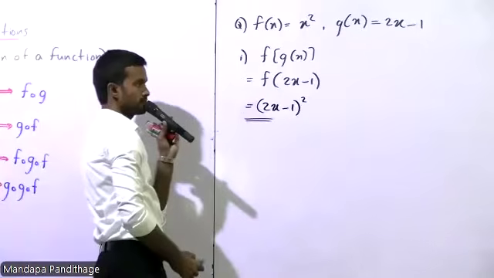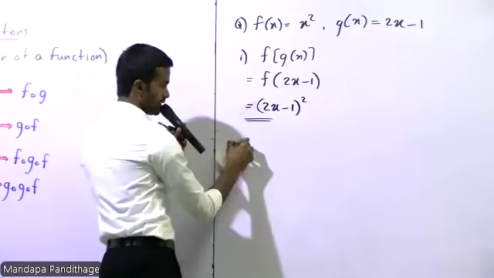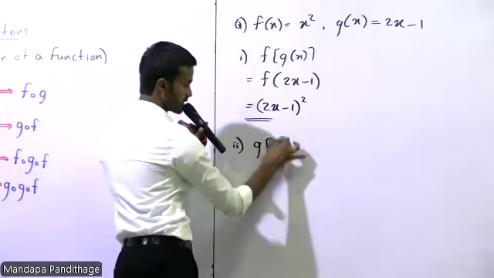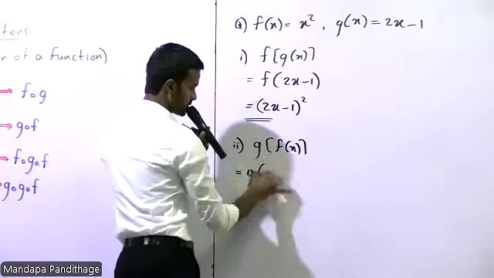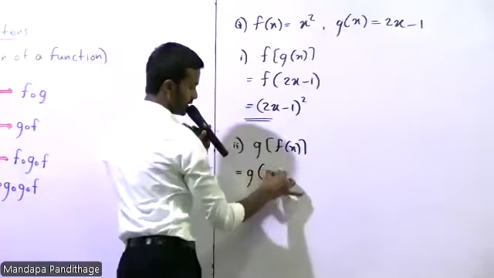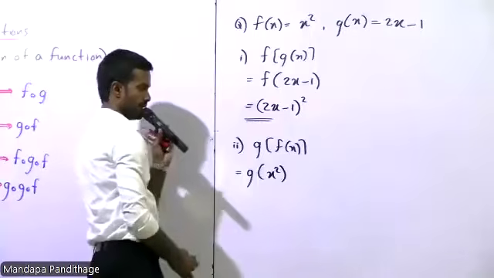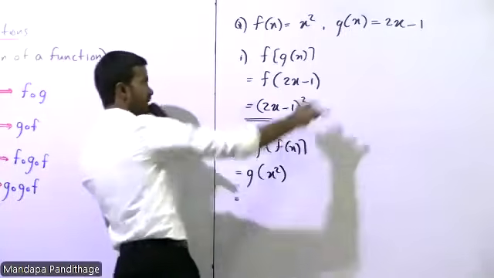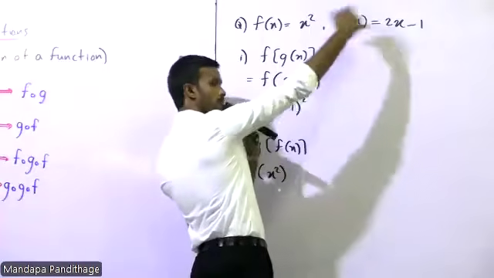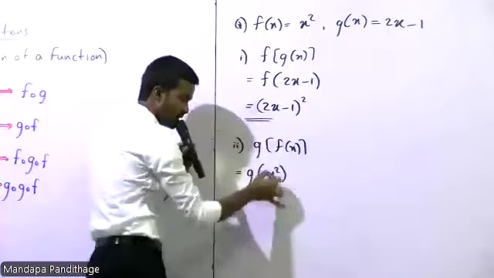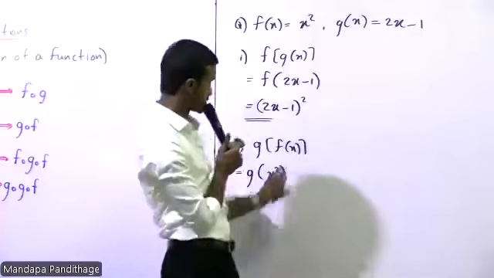That's all. So let's go the other way. We have g of f of x. First consider what is f of x. It's x squared. Now what does g of x do? g of x is equal to 2x minus 1. So now here x has been replaced by x squared.